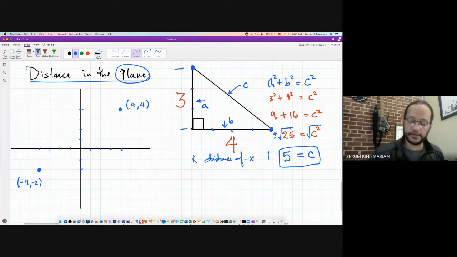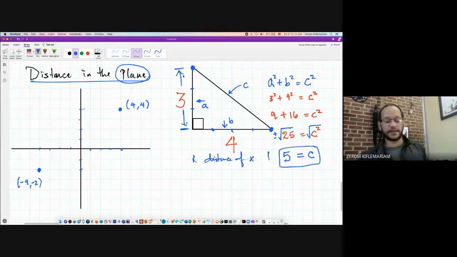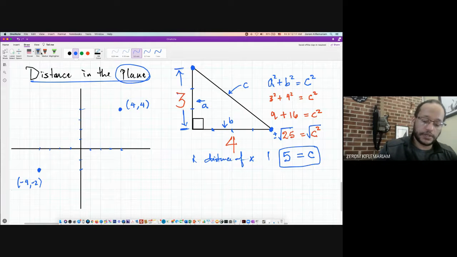Vertically over here, I need to know the distance of y. But since I don't know, I have to go ahead and do my imaginary triangle. You don't have to draw this, but I'm just showing you how this is related.